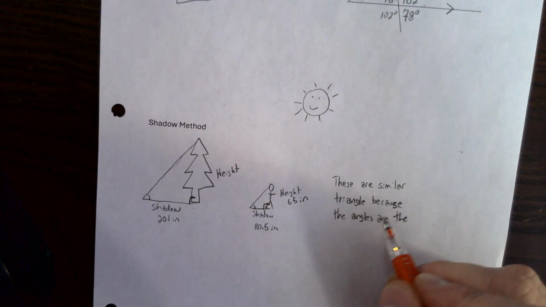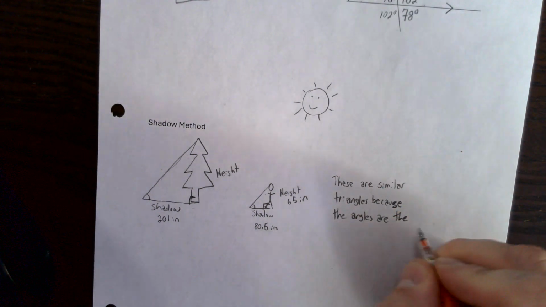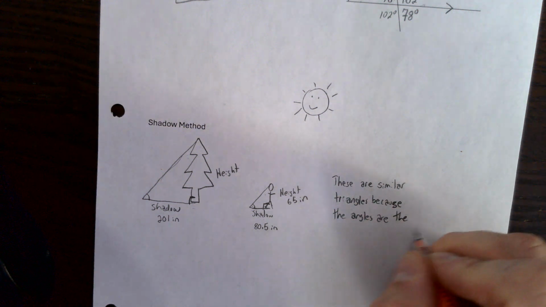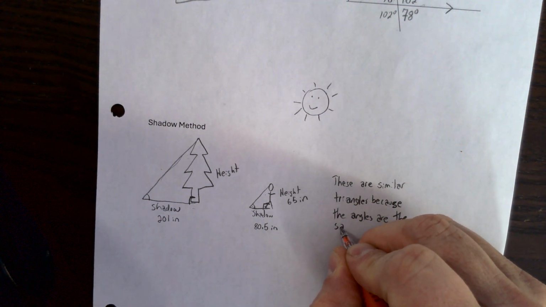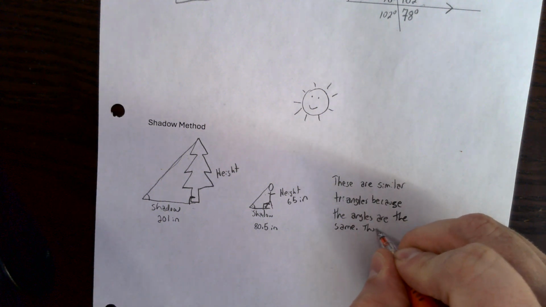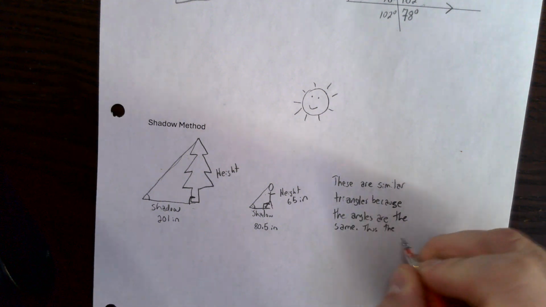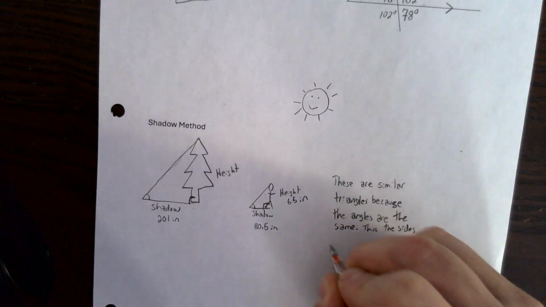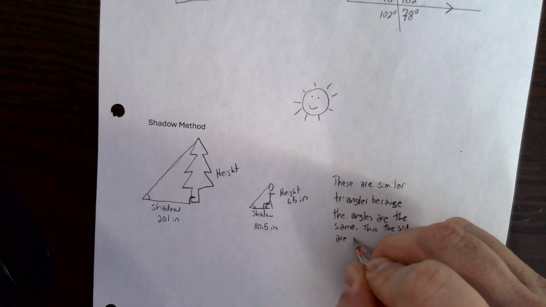So these are similar triangles because the angles are the same. And because they're similar triangles, we can say thus the sides are proportional.